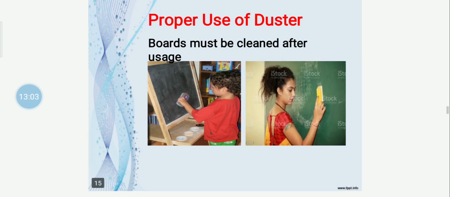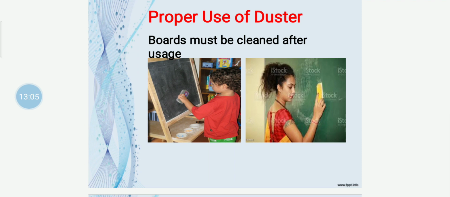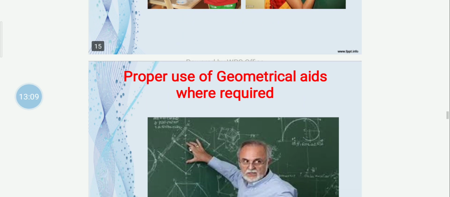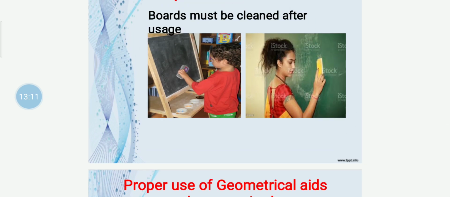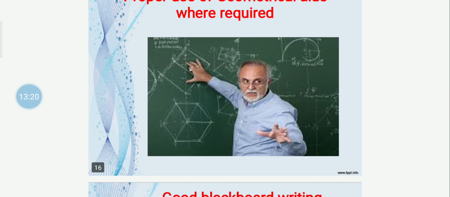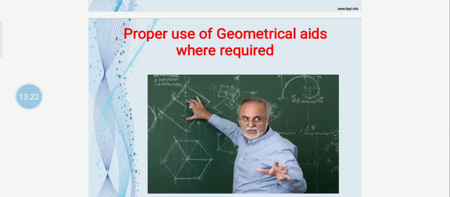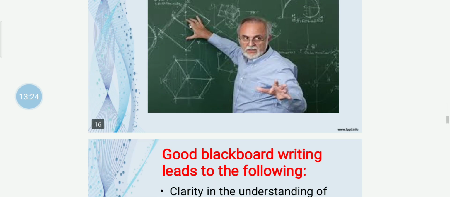Then proper use of the duster, boards must be cleaned after usage. Use your left hand to rub the board, don't use your right hand. Then proper use of geometrical aids where required.